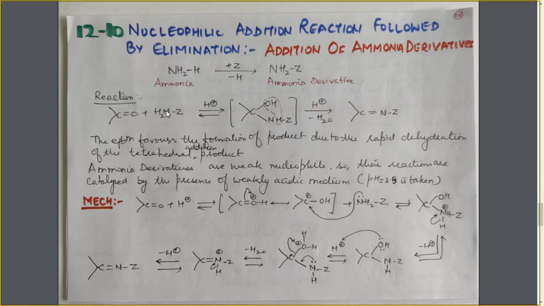One hydrogen from this position will go to this oxygen atom, and the remaining group will move to this carbon atom. Or we can say that a nitrogen atom with a lone pair will attack this carbon atom and get attached, and one hydrogen atom will be removed and go to this oxygen atom to form the OH group and NHZ. This is the first addition product after the nucleophilic addition reaction.